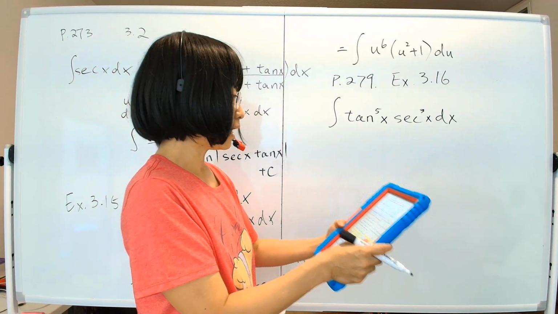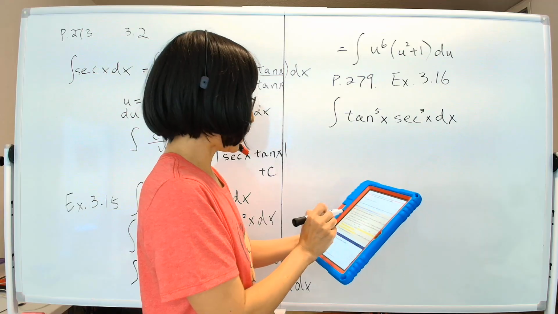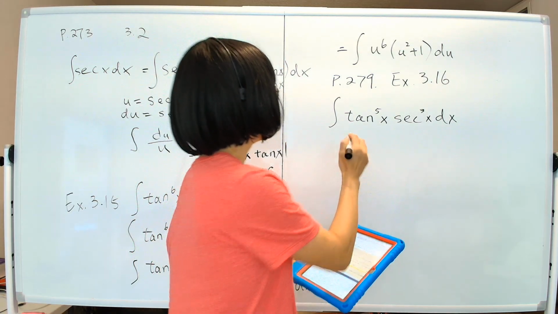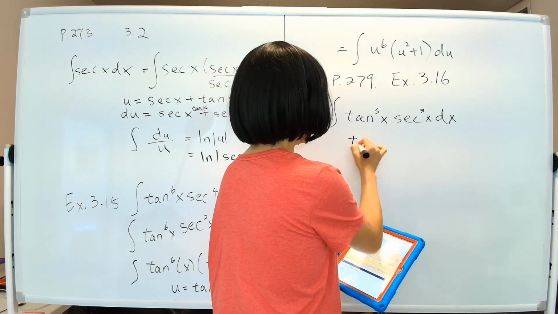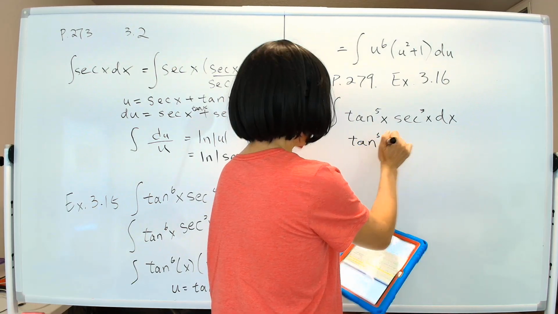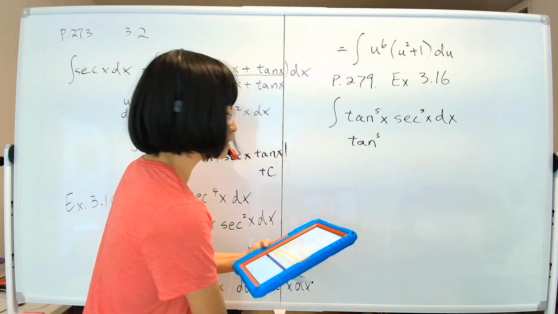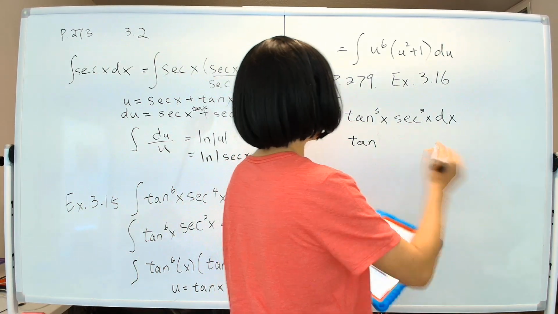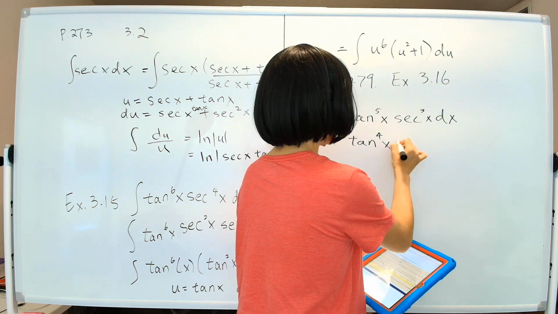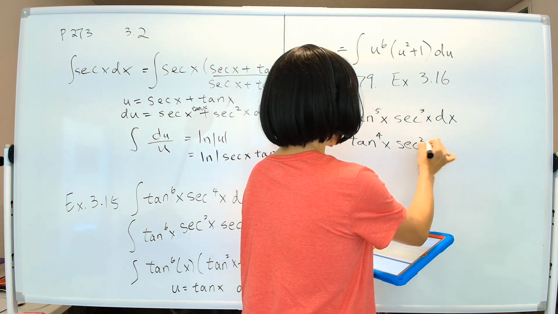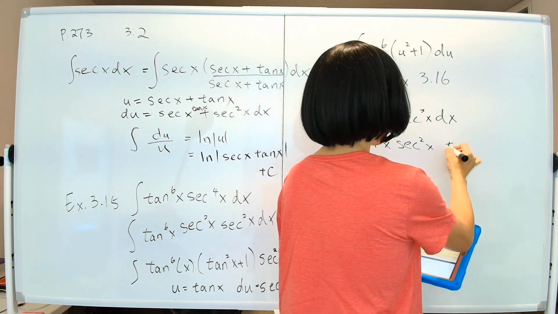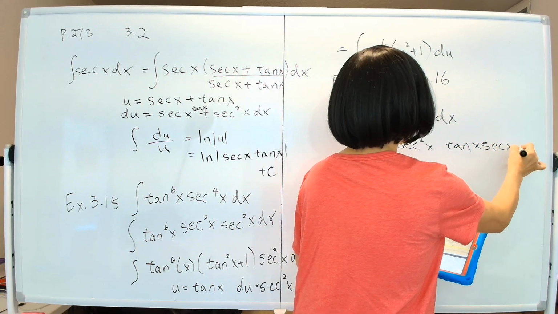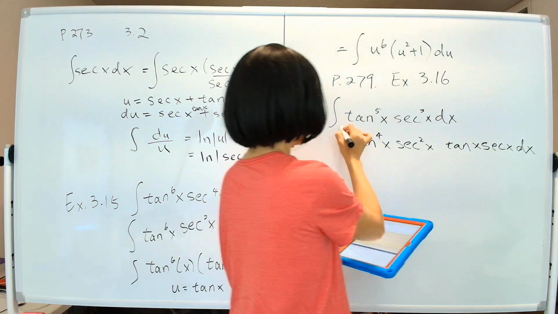So following strategy 2, we have k odd. This whole thing will be written with a secant tangent at the end. We'll reduce each power by 1 because we need a secant tangent at the end. So that's tangent^4 x, secant^2 x, and then times tangent x secant x dx, and that's the new integral.